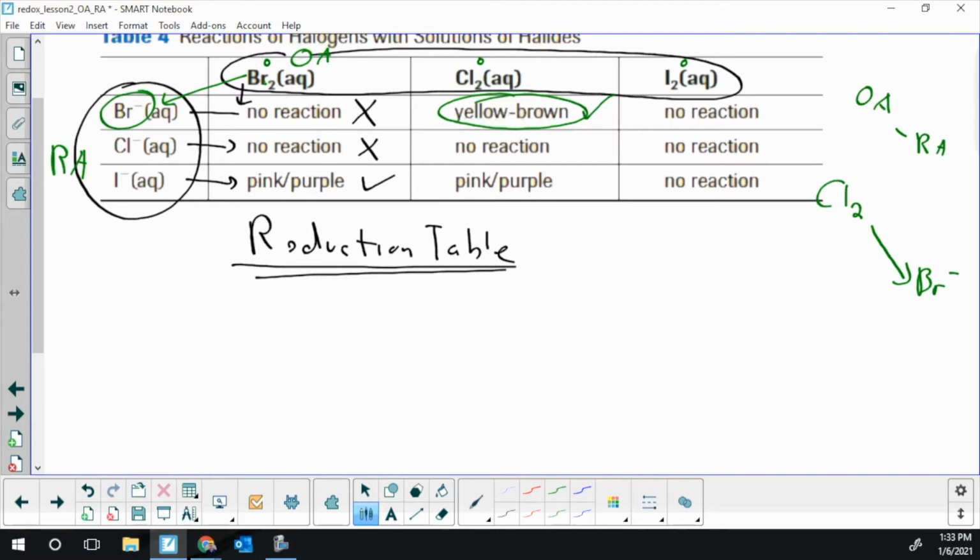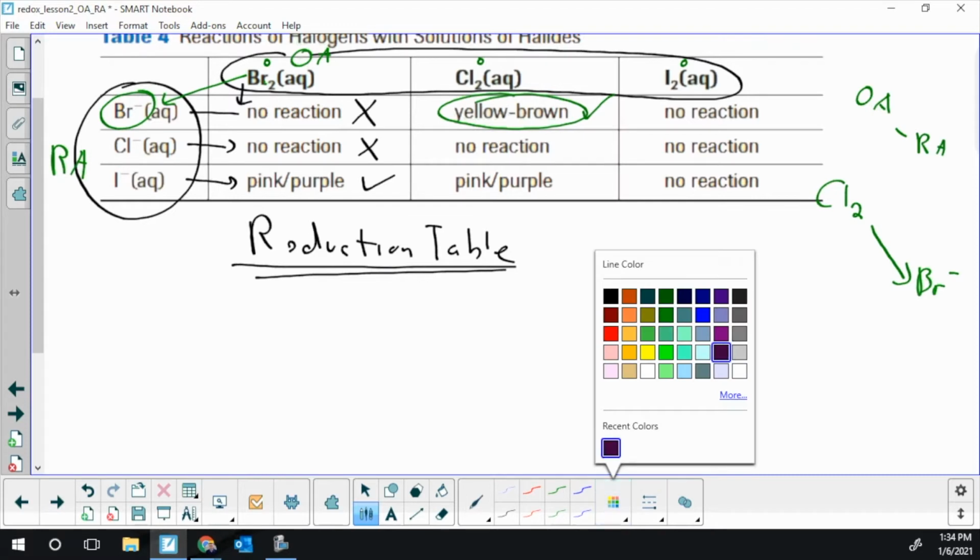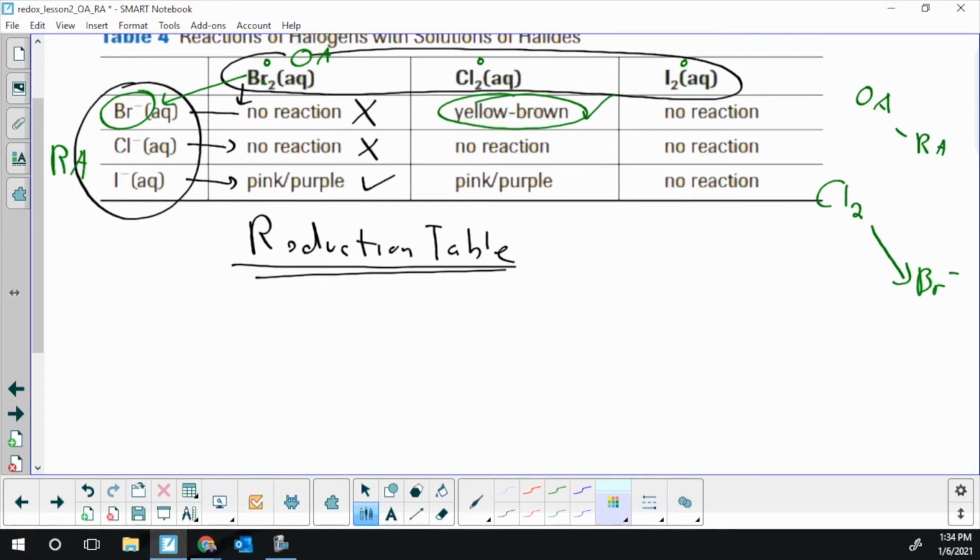The first column is always our OAs, the second column is our RAs, and we now know which is above or below the other. You can pick whatever one of these you want. If you're wondering how I decided which ones to pick, it really doesn't matter. You just pick a few until you start building an order.